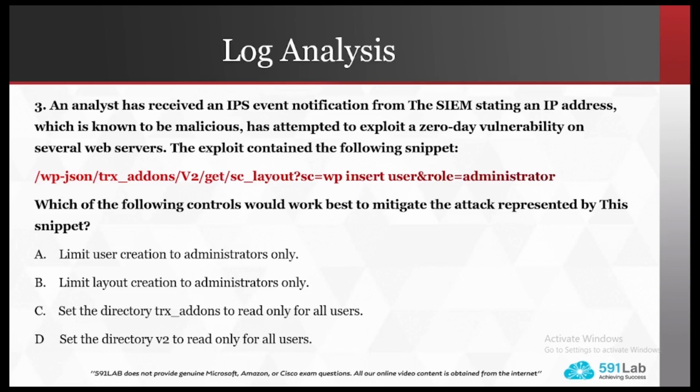The exploit contains the following snippet: wp-json/trackadd-on/v2/get_sets_layout, equivalent to wp_insert_user, and the role is equivalent to administrator. Which one of the following controls would work best to mitigate the attack represented by this snippet?